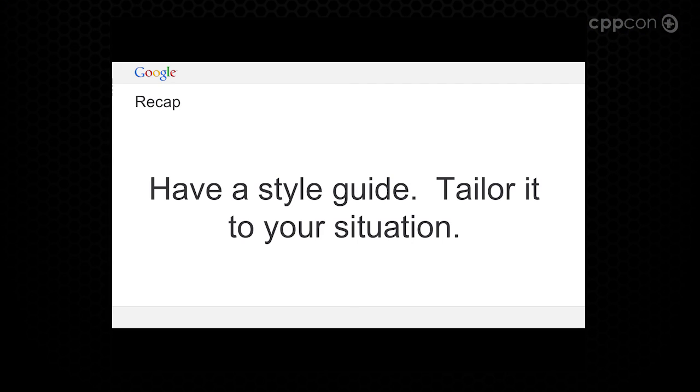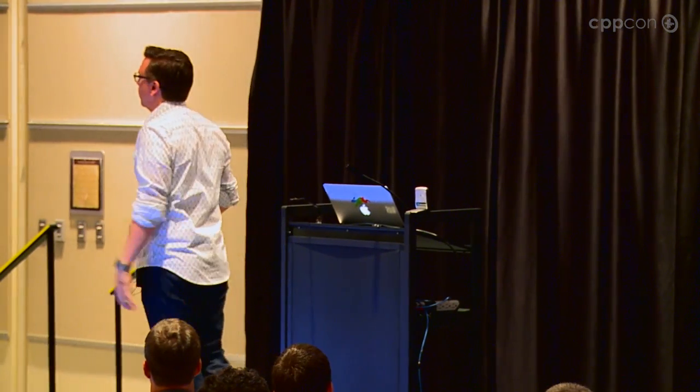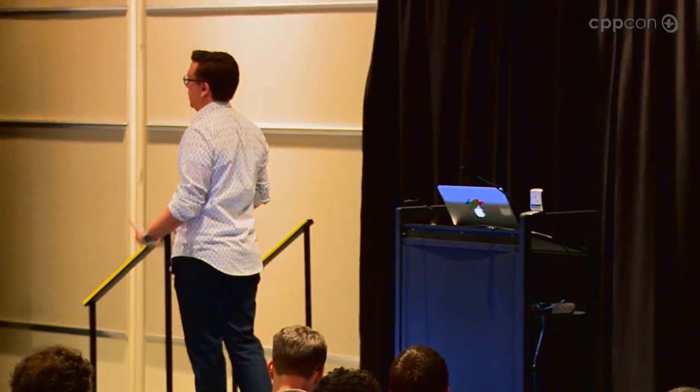So, in recap, I'm leaving lots of time for you guys, I would love to talk. Have a style guide, right? Tailor it to your situation. What things are you trying to optimize for? We are very much trying to optimize for the reader, for the non-expert reader in many cases.